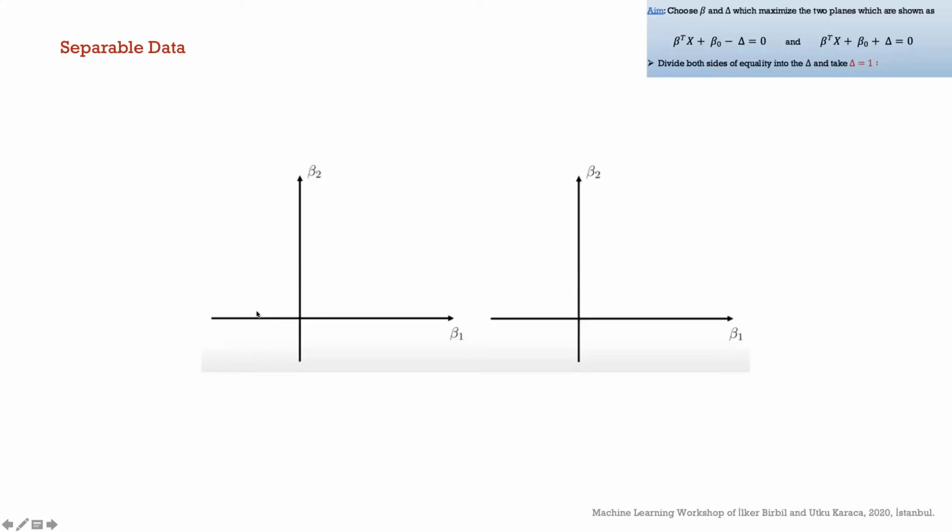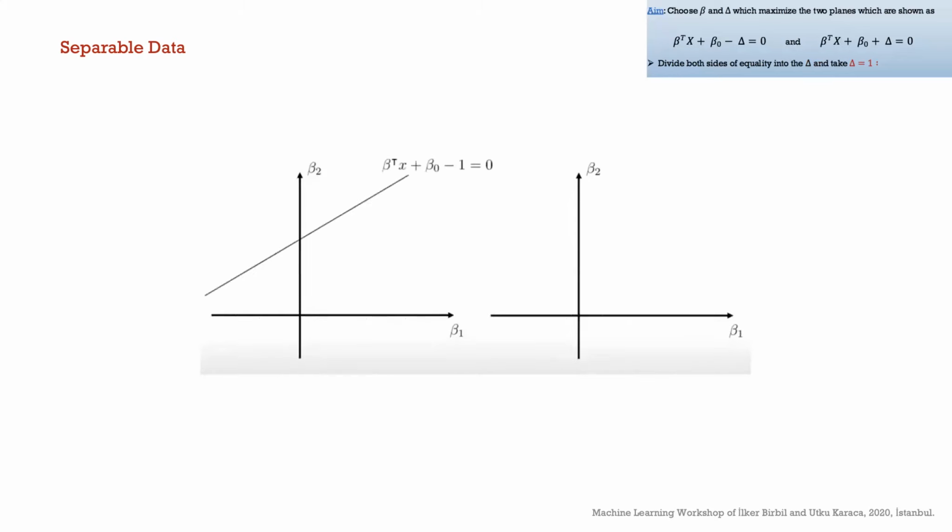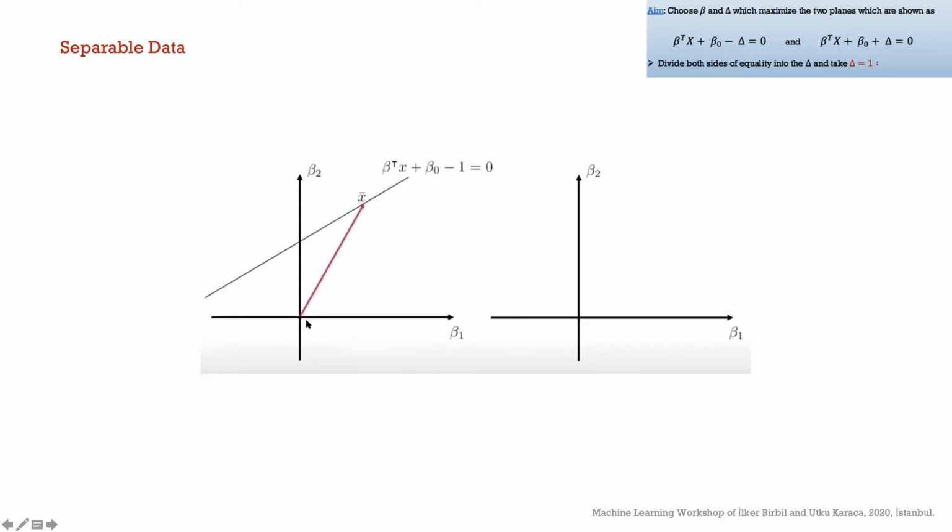And then let's see them here too. I'm also adding the beta transpose x plus beta 0 minus 1 line here. And then another point x bar, and a vector from 0. You can take any vector from here, but if you take it from 0, it is easier to implement.